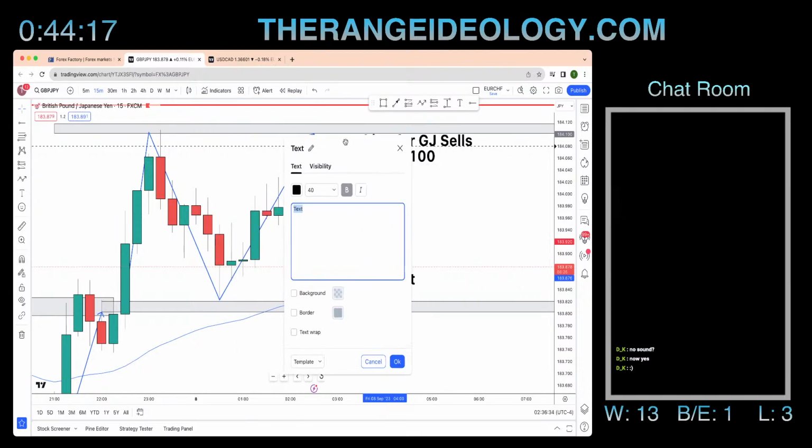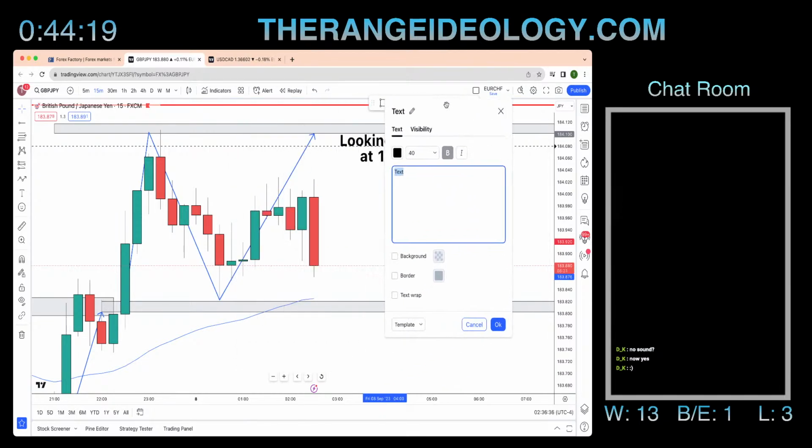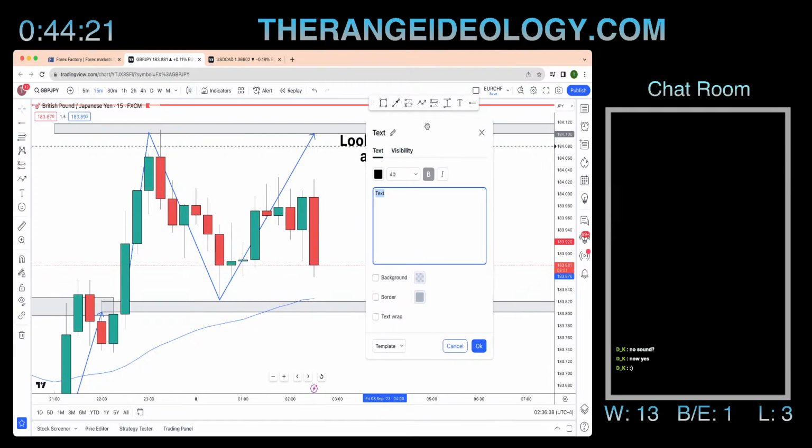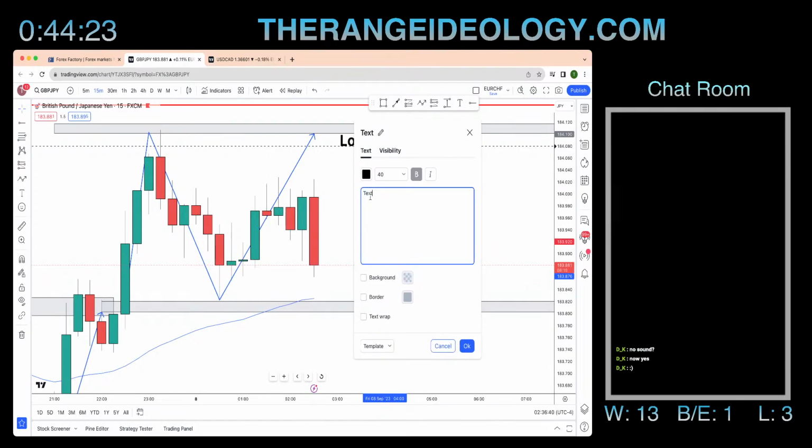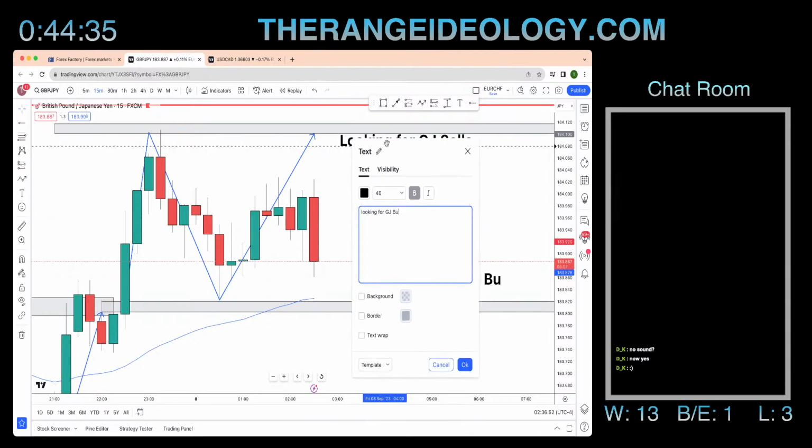So 183 820 to 800. So this wouldn't be a buy stop if prices reach down here. So 183 800.